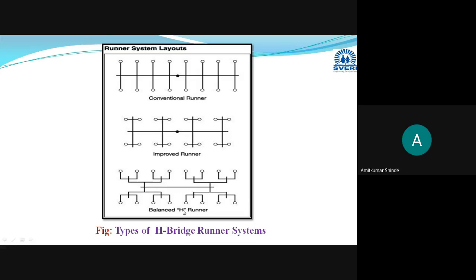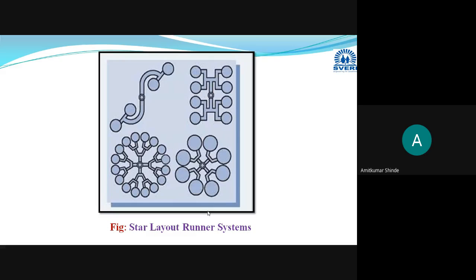Balanced H is nothing but herringbone bridge runner system, or simply herringbone runner system. Then you can go for star layout runner system. You can use it in different ways according to your need. These are different star layout runner systems.